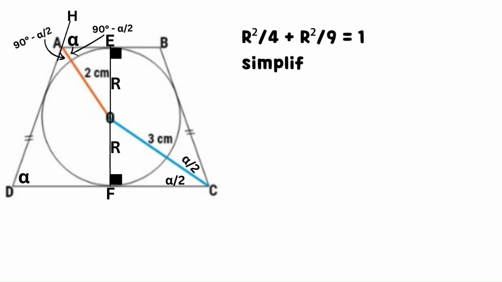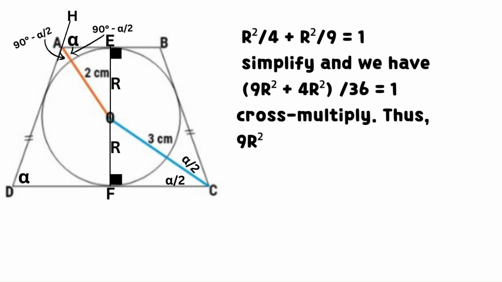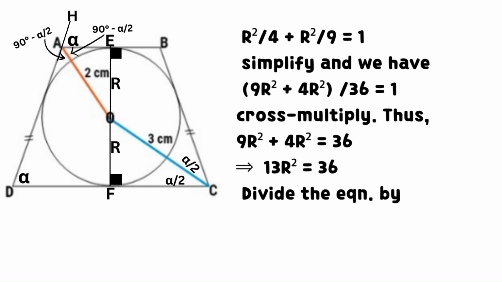Simplify, and we have that the sum of 9 times the square of r and 4 times the square of r, all divided by 36, equals 1. Cross multiply. Thus, the sum of 9 times the square of r and 4 times the square of r equals 36. Thus, 13 times the square of r equals 36.